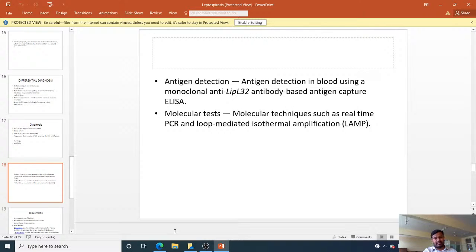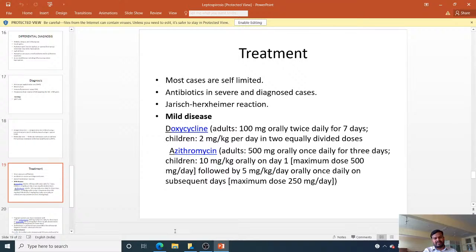Antigen detection uses anti-LipL32 antibody-based antigen. Molecular tests are PCR, RT-PCR, and LAMP, loop-mediated isothermal amplification.